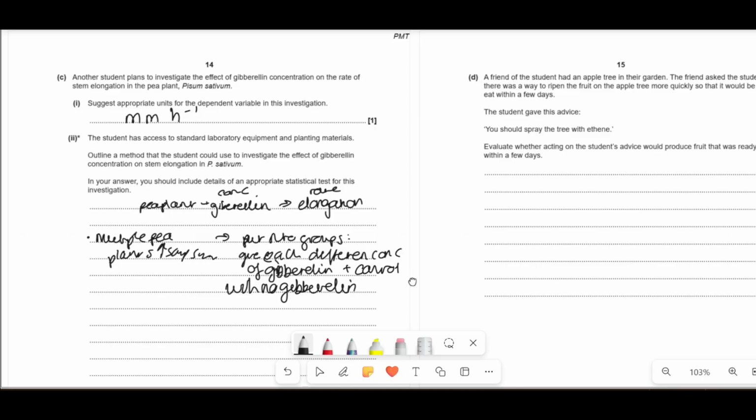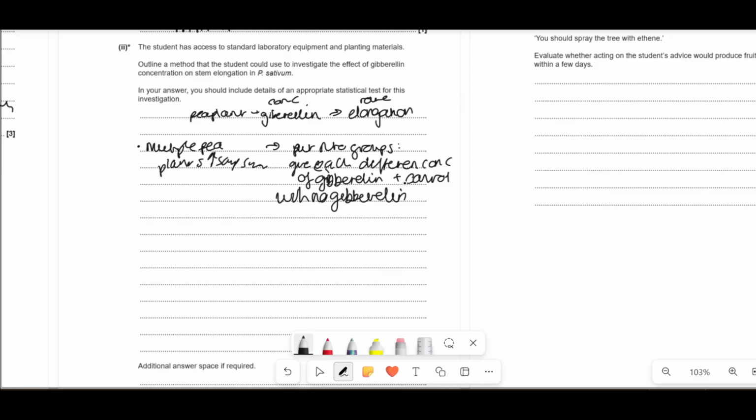The reason is because we want to make sure that if there's any differences in these growths, it's because of those concentrations of gibberellin changing and nothing else. Because if your control starts having problems with it, then there's something wrong with your experiment that needs fixing. And you can talk about how you do that, so you could put it in the soil or put it on the roots and so forth or whatever. Fine, right? I'm just being very brief here.